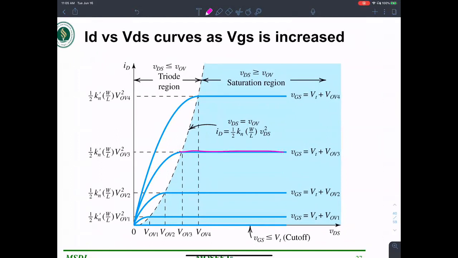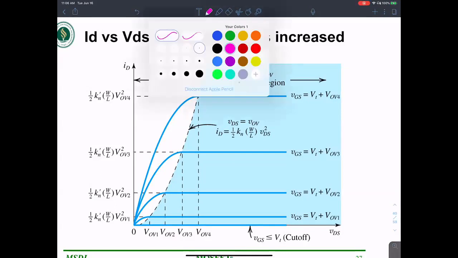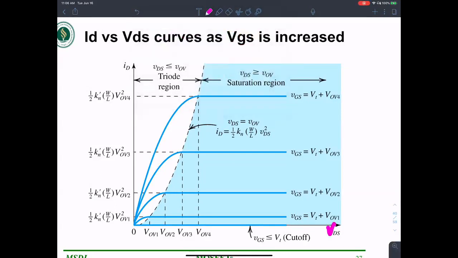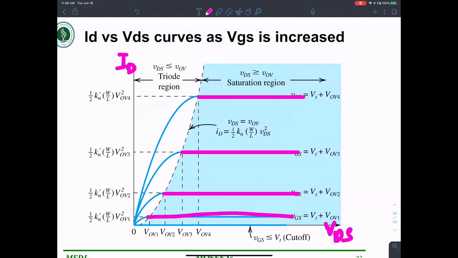So far we assumed that, let me restate that, when I'm plotting VDS as a function of ID, the argument I made was that in saturation region, the drain current is constant.